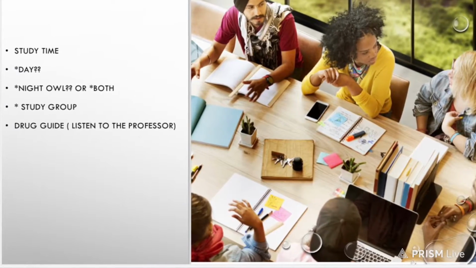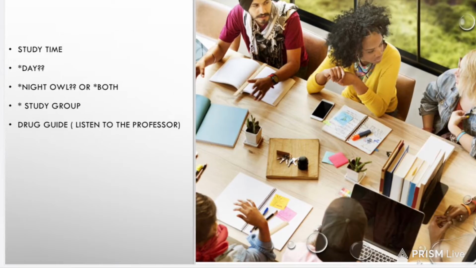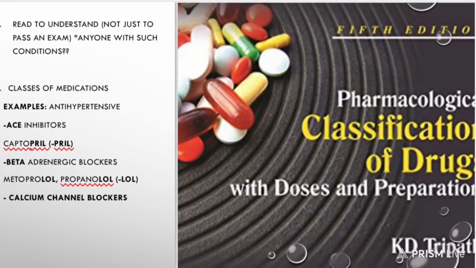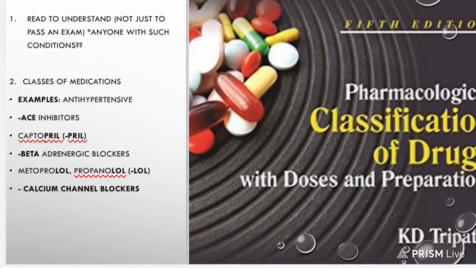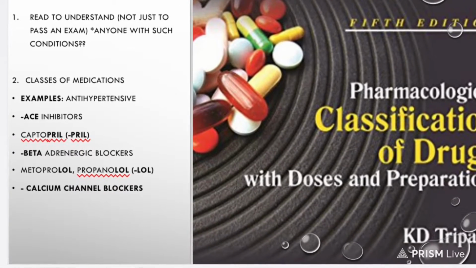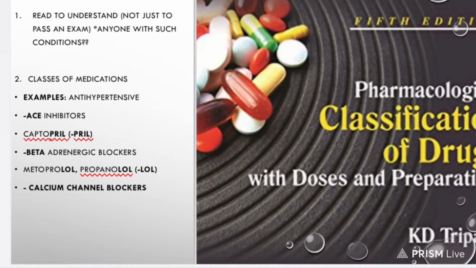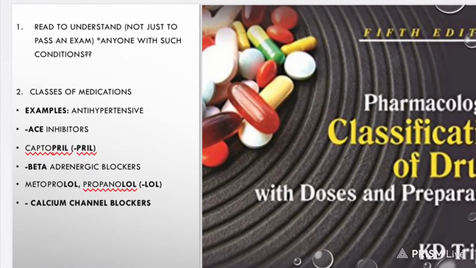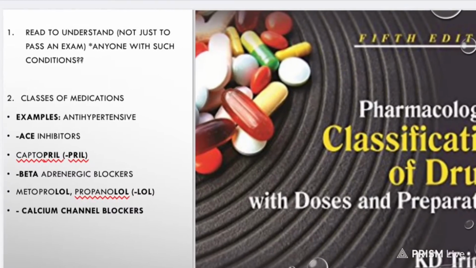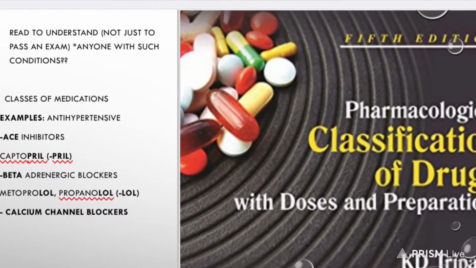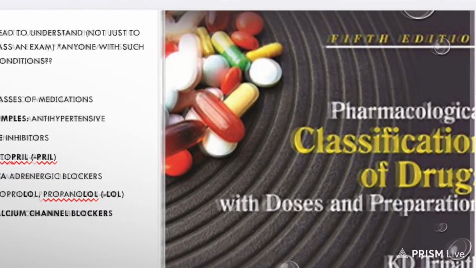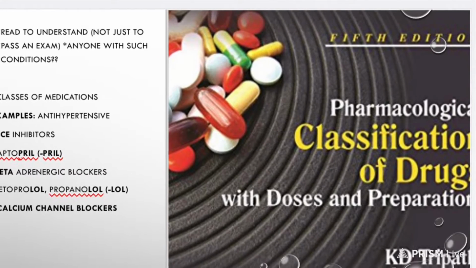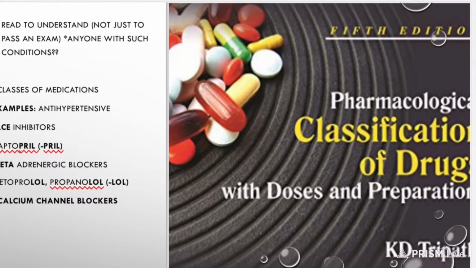Secondly, know the classes of these medications and the categories they fall under. For example, I put down antihypertensive medications. Under that, we have a class such as ACE inhibitors. And under this class, I wrote down captopril. Most of the medications under this class actually end in pril, P-R-I-L, like benazepril, fosinopril.